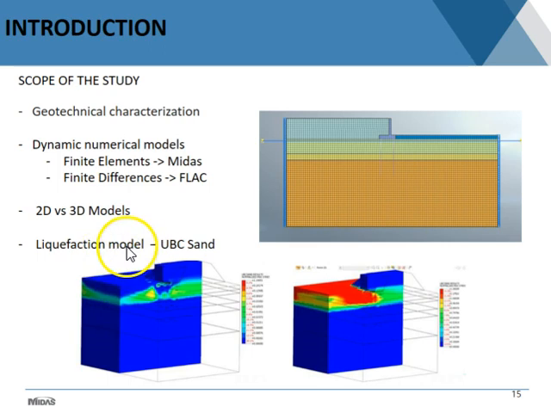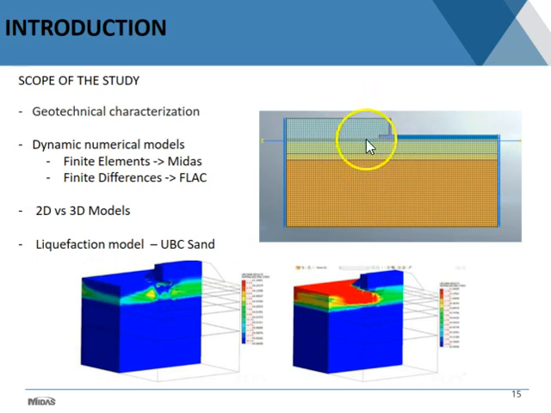Okay, in terms of the liquefiable soils, we used UBC Sand, which is a constitutive model that was developed specifically to try to mimic the behavior of the liquefiable soils.